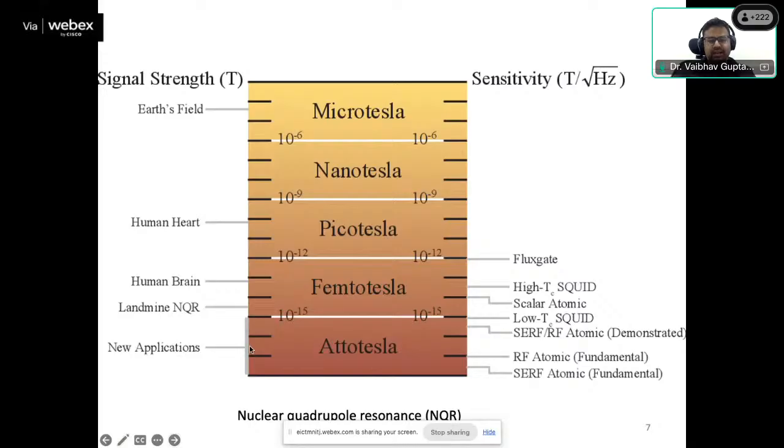The best atomic magnetometers can sense up to attotesla, 10 to the power minus 18 Tesla, which people are able to measure. So that gives an idea of what Earth gives us, what is close to the human heart, in the human brain, and then attotesla.